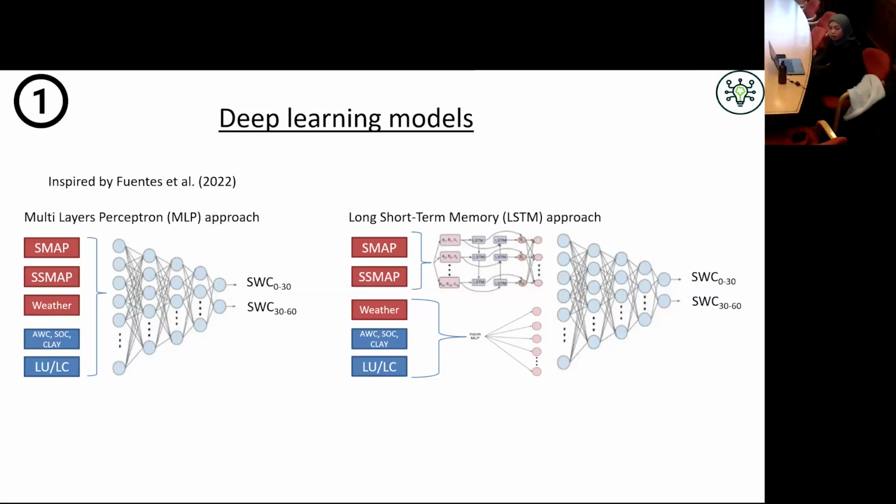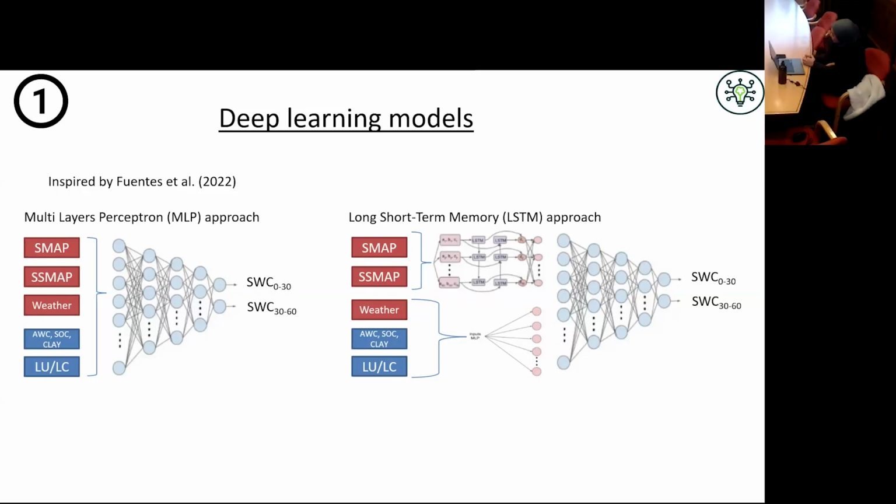Basically, we use all the variables as the input into the neural network, and then we set up the output as two values representing the soil water content for the surface layer and the subsurface layer.